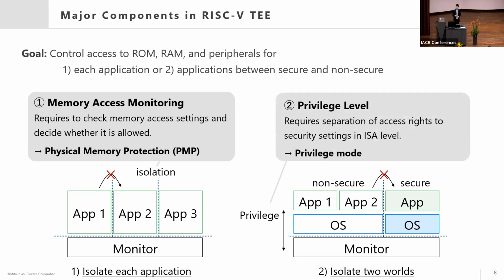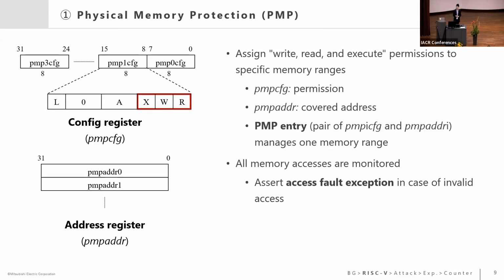And the privilege levels are a vertical separation, which define the access right to security settings. The PMP aims to assign read, write, and execution permission to specific memory ranges. PMP comprises config and address registers, and they define permission and covered address respectively. A PMP entry, or pair of pmpcfg and pmpaddr, manages one memory range. And the PMP monitors all memory accesses and asserts an access fault exception in case of invalid memory access.